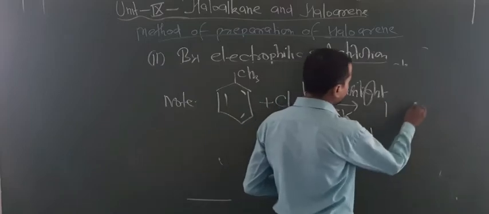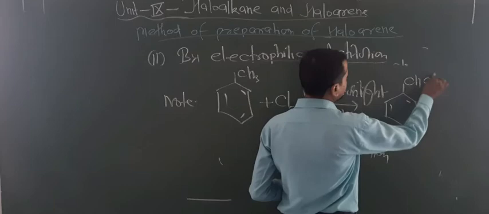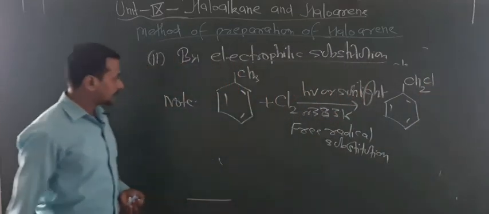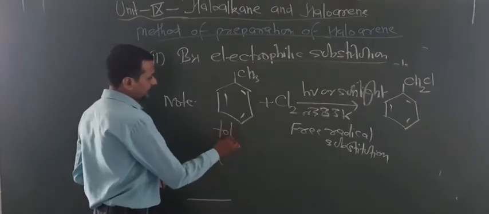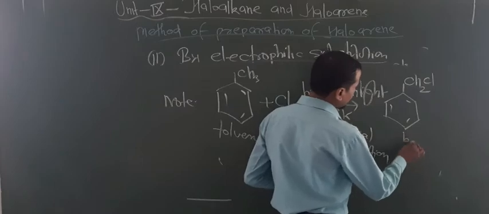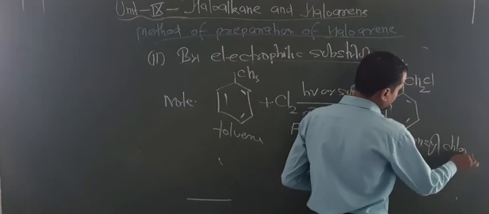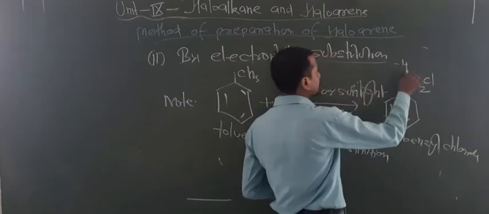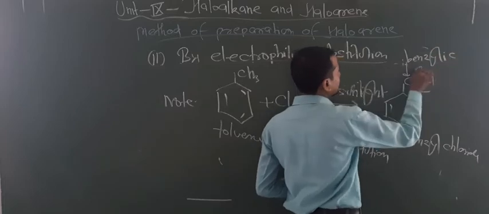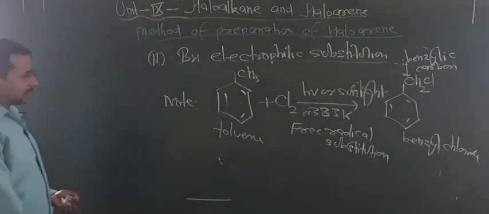Now what happens here? This will form the compound like this, CH2Cl. So this is toluene and this is known as benzyl chloride. This I also told you. This carbon is known as the benzylic carbon, so that's why this is known as benzyl chloride.